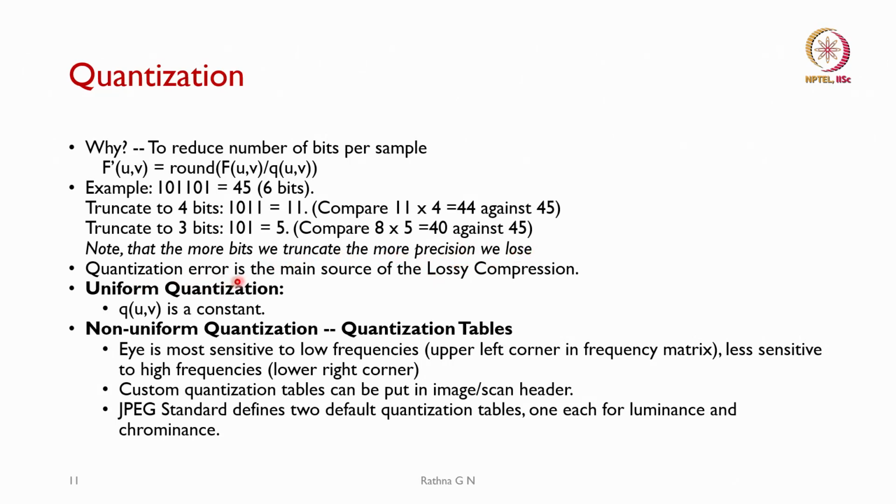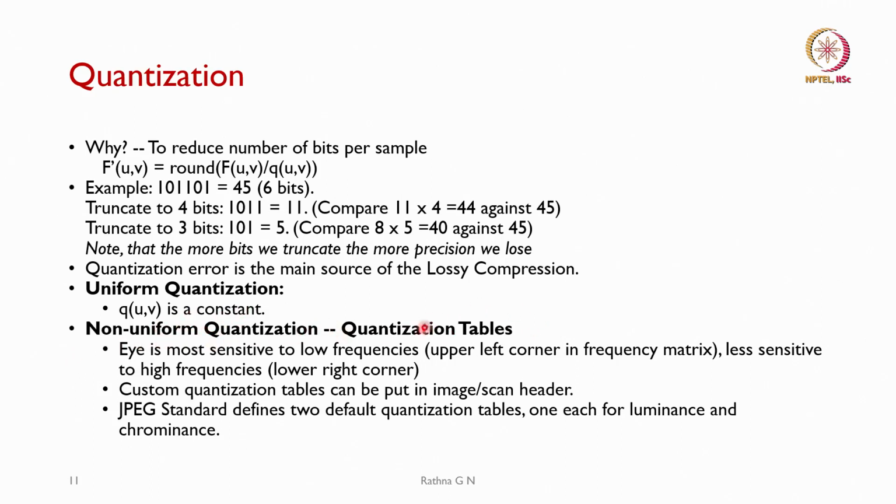The quantization error is the main source of our lossy compression. I can do uniform quantization, where q(u,v) is a constant value, or I can do different kinds of quantization, the other one being non-uniform quantization.